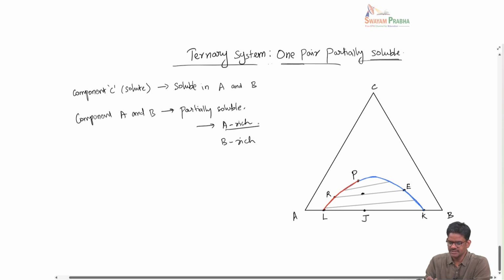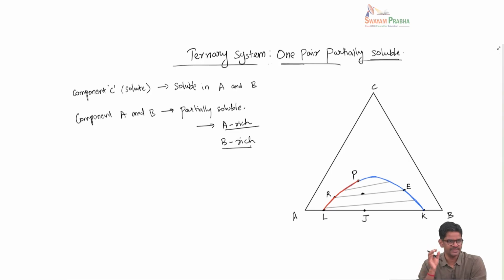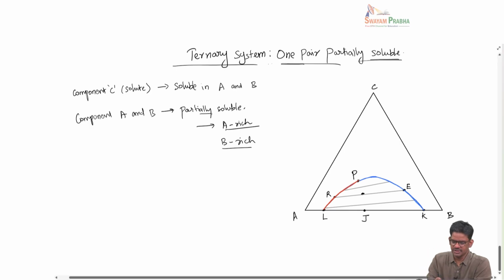When we say A rich, we mean that the mole fraction of A is very large and it will have very little amount of B. Similarly, in B rich, the component B will be in majority and component A will be in very small quantities. I am talking about a binary mixture of A and B. So that is what we mean by partial solubility.